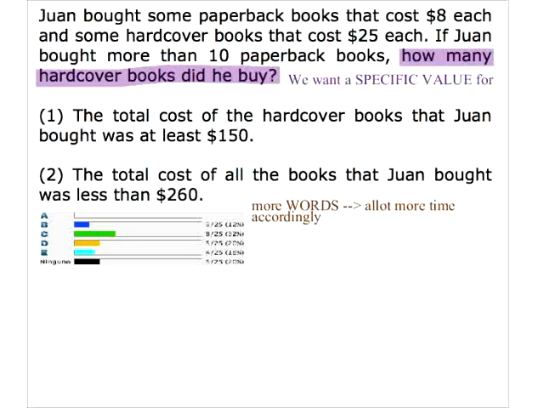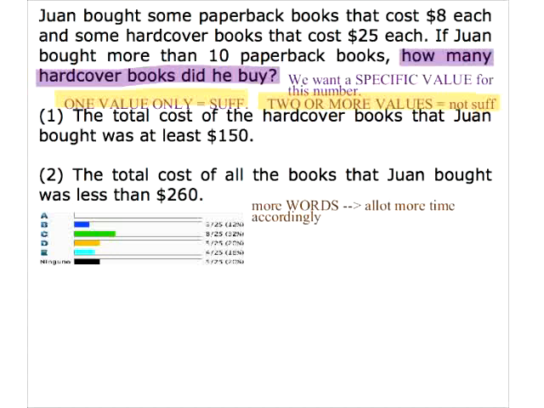So if you can get one value only, that's sufficient. And if you have two or more values, then that's not sufficient. So that's what we're after here. Ground rules, we're trying to see if we can get one value only versus two or more values.